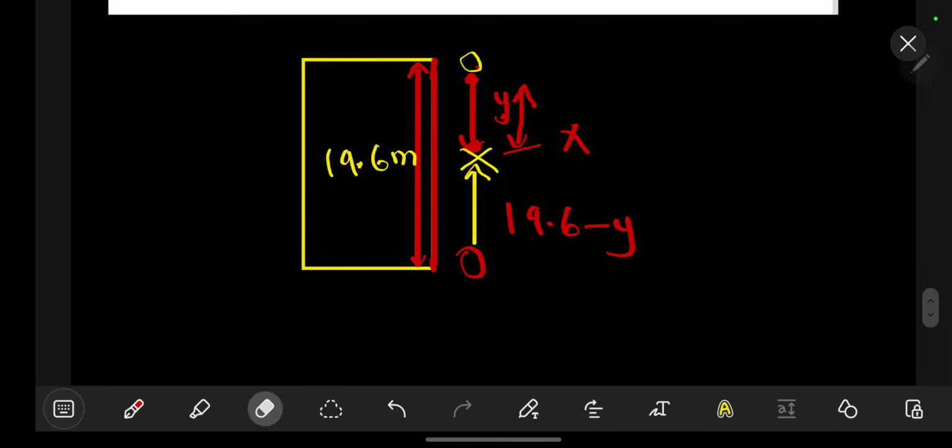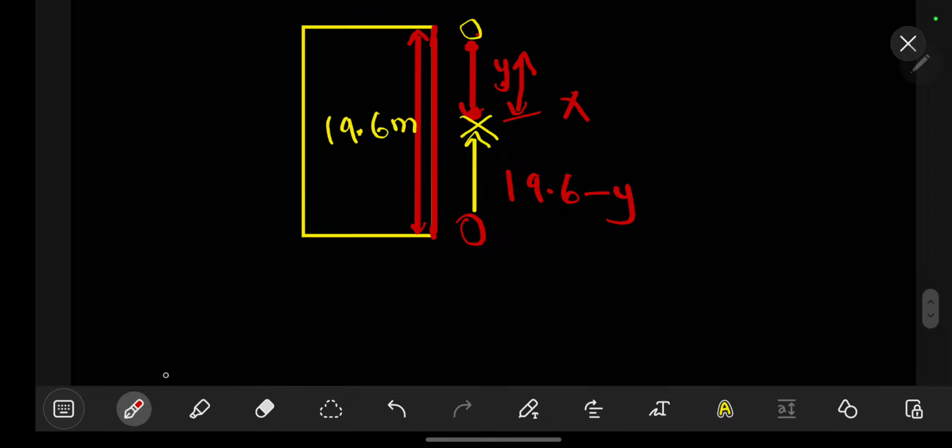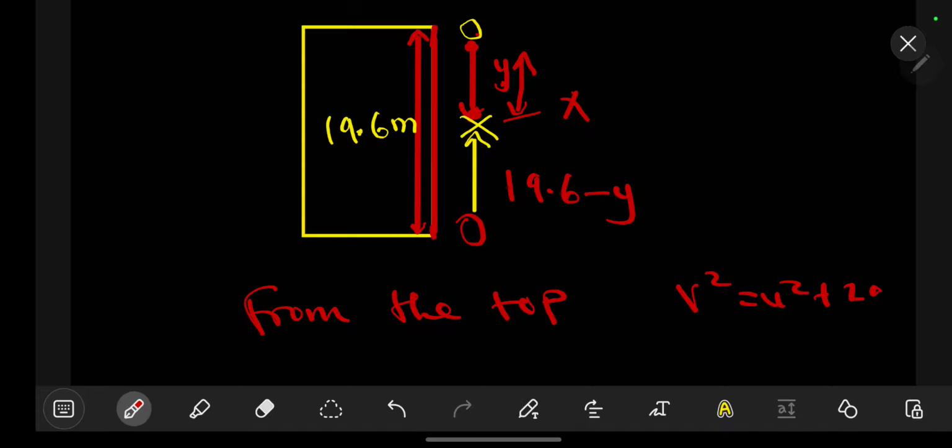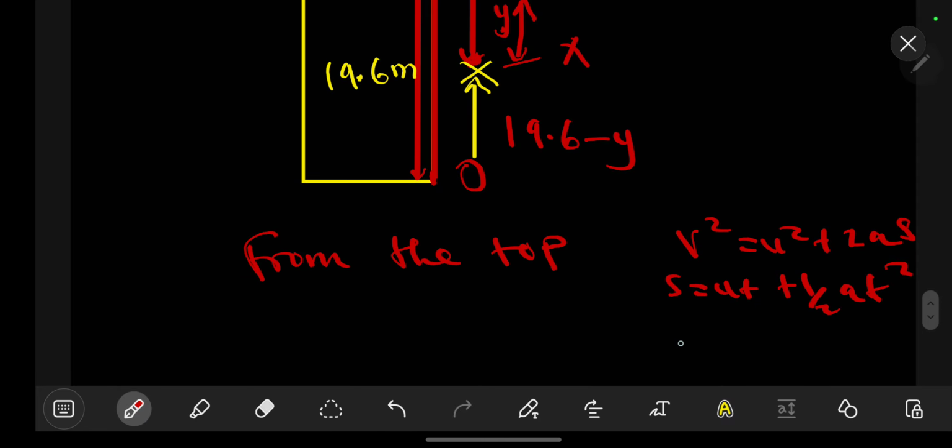So now from the top, using the equations, we have V squared is equal to U squared plus 2AS. We also have S is equal to UT plus half AT squared. We also have V is equal to U plus AT.